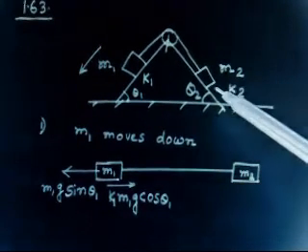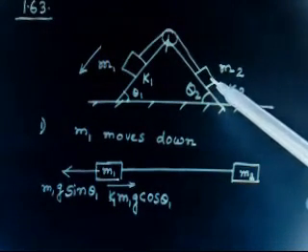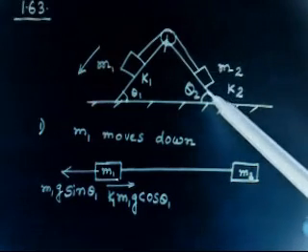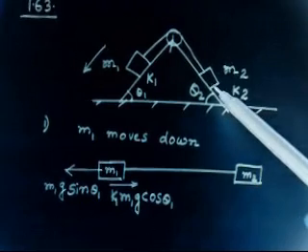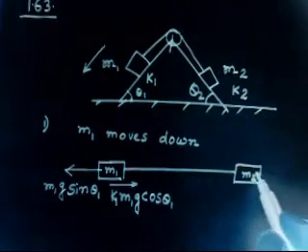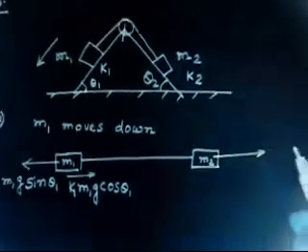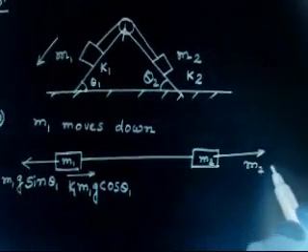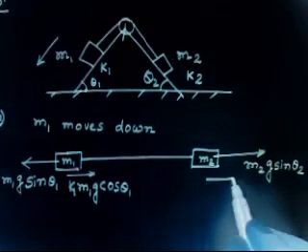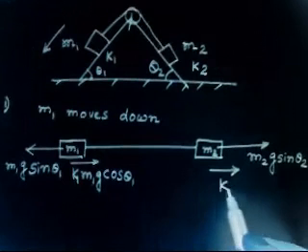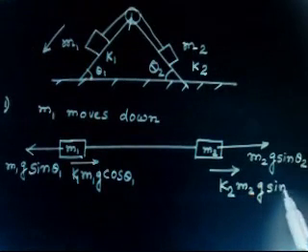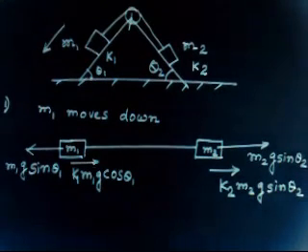Are you getting? Now if you discuss m2, this has a tendency to go up, so the friction force will act in a downward direction, and m2g sin theta will also act in the downward direction. So m2g sin theta 2 will act in this direction, as well as the friction force, that is k2 m2g cos theta 2, which will also act in this direction.